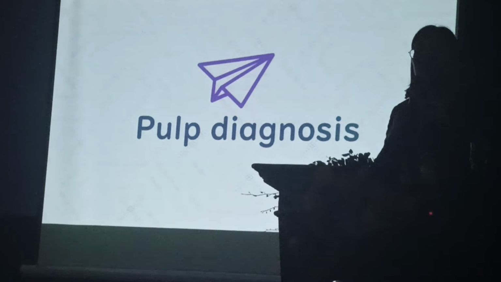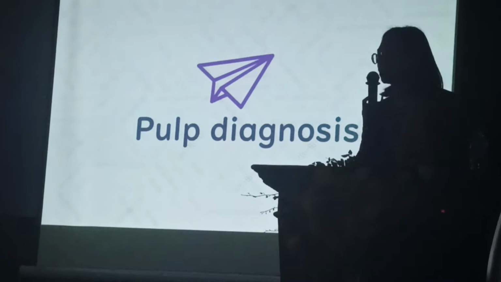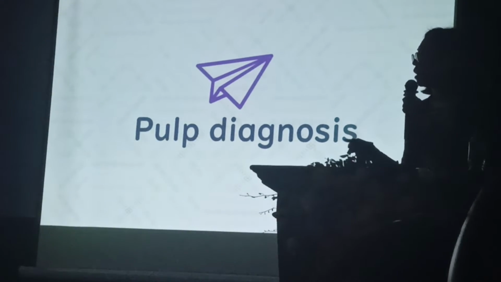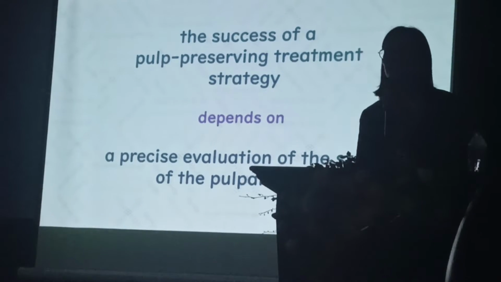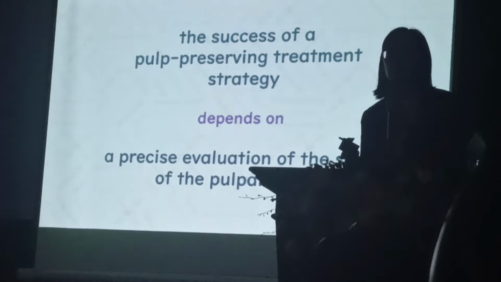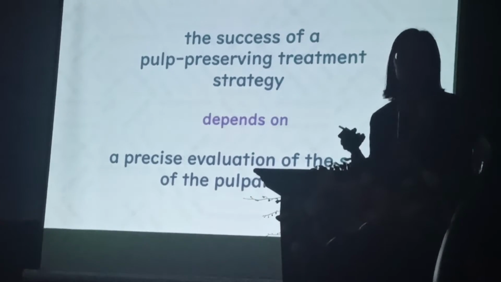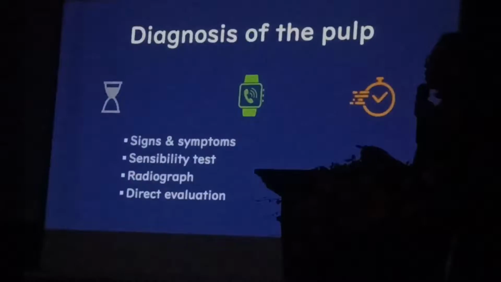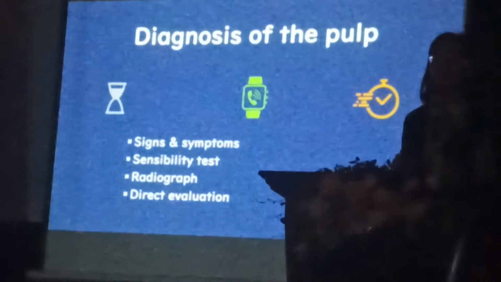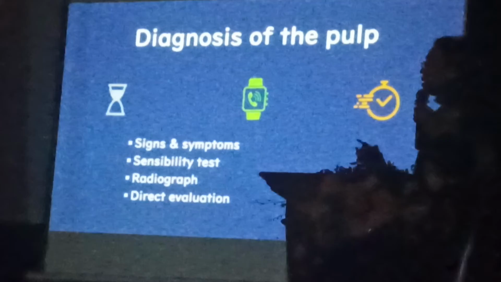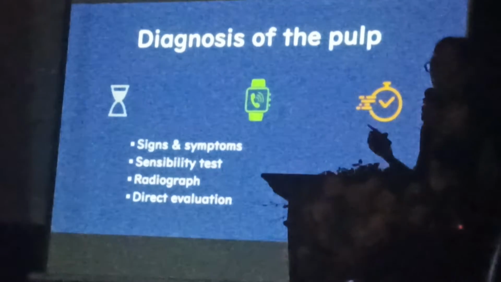Okay, and the second area I want to discuss is pulp diagnosis. If you think about it, if you're going to have good success, you will have to be able to determine the status of the pulp. But how do we do that? Since I was a dental student until now, we use signs and symptoms.